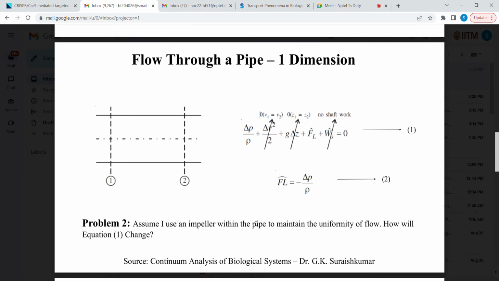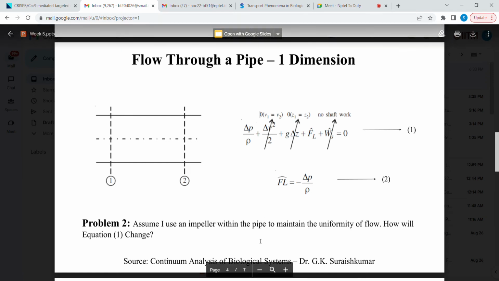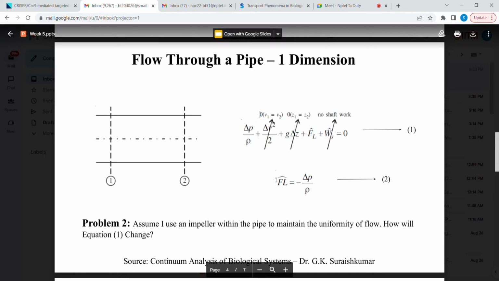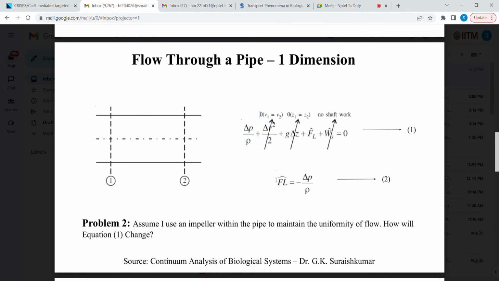Will there be any change in equation 1, and if so, what will be the change? I'll give you a minute to think about it, and let me know what would be the answer.